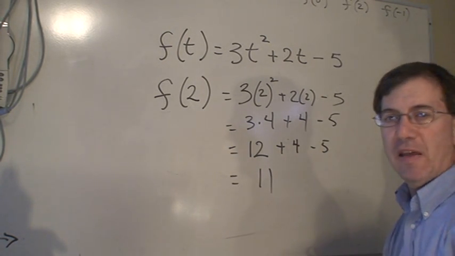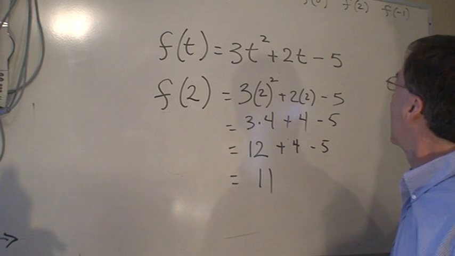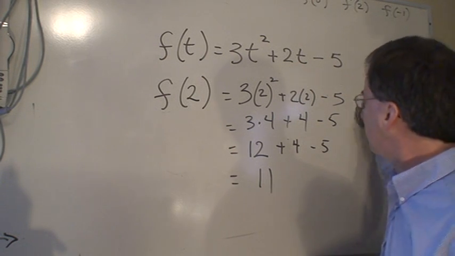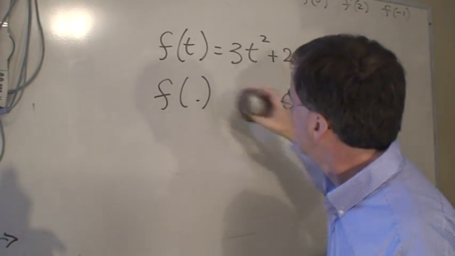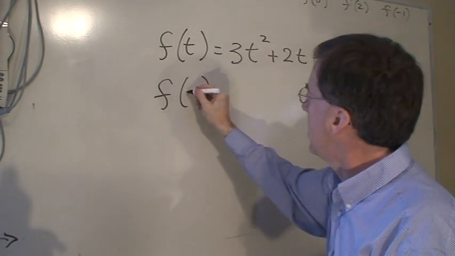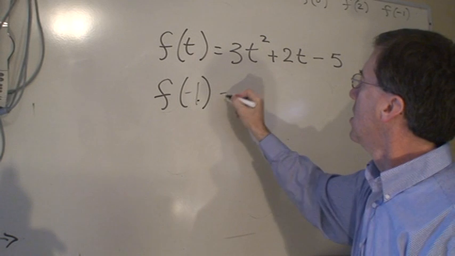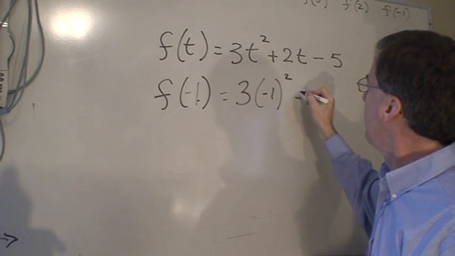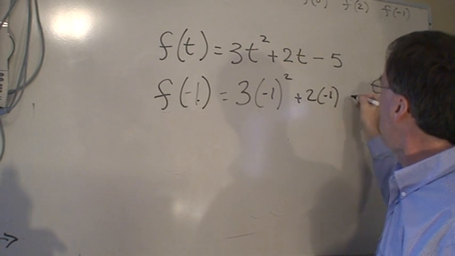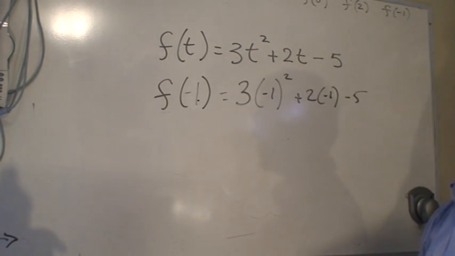Let's look at one that has a negative number. Let's do, say, f of negative 1. So, find f of negative 1. Well, that would just be 3 times negative 1 squared plus 2 times negative 1 minus 5.